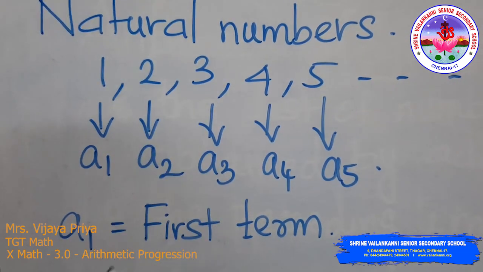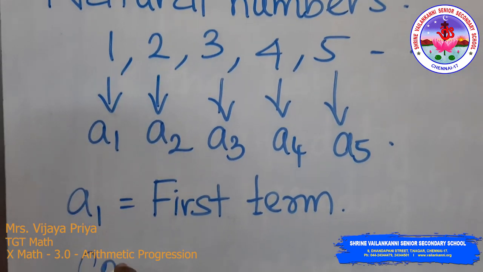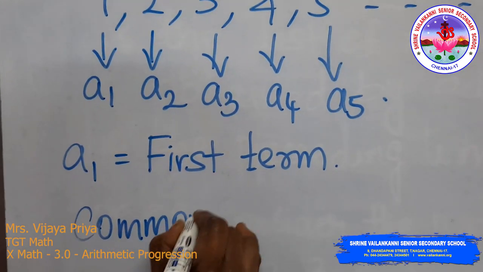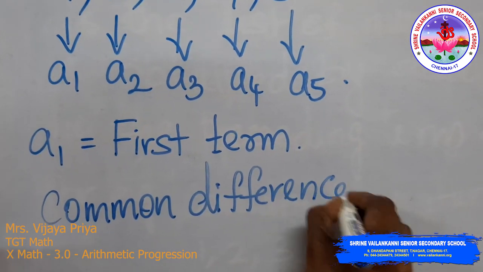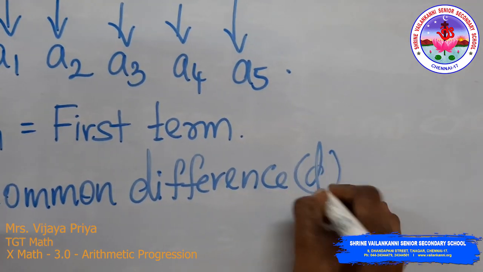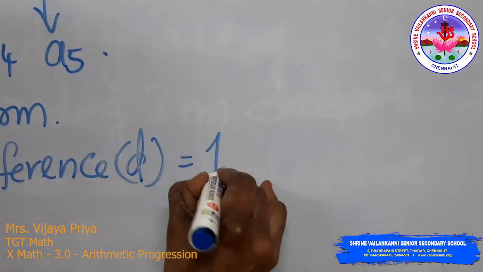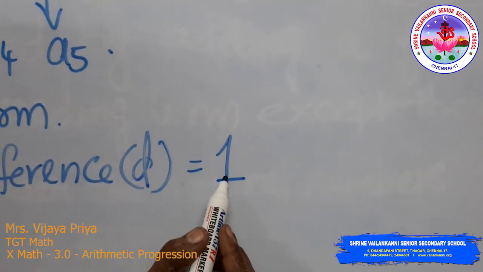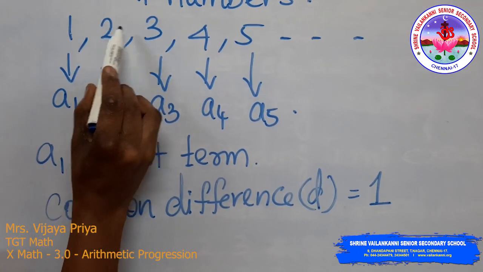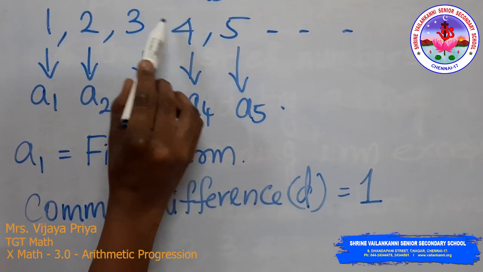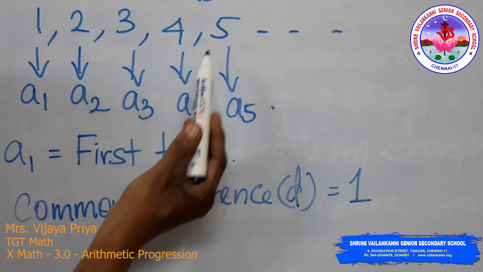So that 1 is called the common difference, which is denoted by the symbol D. So D is equal to 1, where 1 is added to the previous term of every number to get the succeeding number.